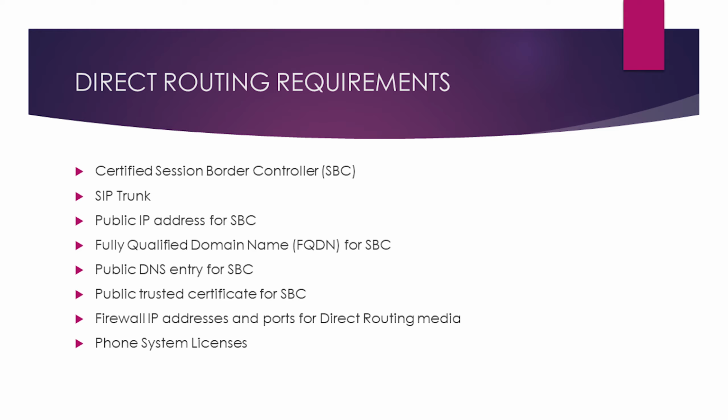That's why you will need a public IP address, a fully qualified domain name, public DNS entry, and obviously your SSL certificate and your IP address and ports configured on your firewalls. The last thing you're going to need there is obviously your phone system license. Unfortunately, even with direct routing, you cannot overcome this hurdle. You must buy the phone system licensing in Office 365 to deliver your telephony into Teams.